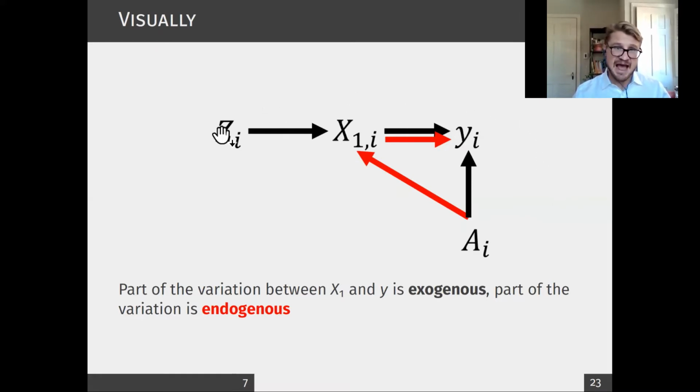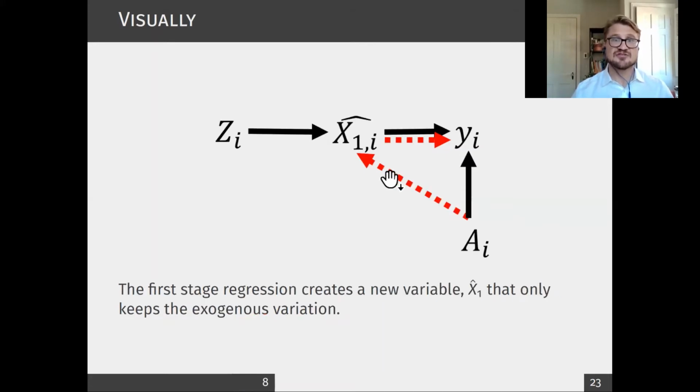But there's some other variable that we can find that explains, that causes some variation in x1 that is completely unrelated to this omitted variable. And so what we actually do is, when we do this first stage regression, we get this predicted value of x1, we kind of extract out, pass out all of this endogenous variation, throw it away.